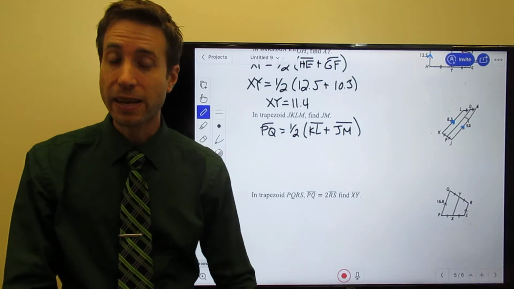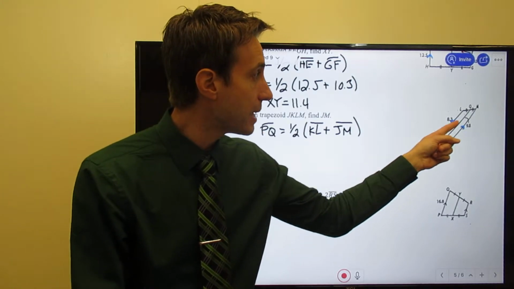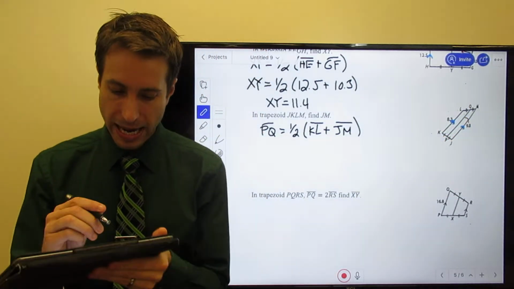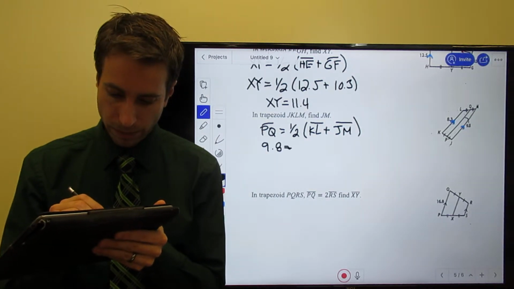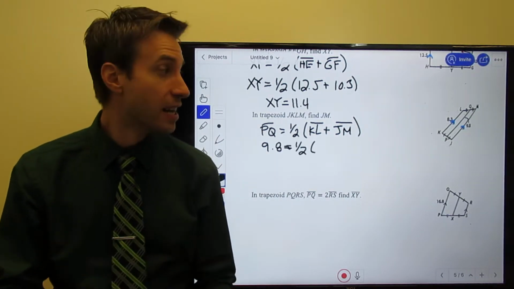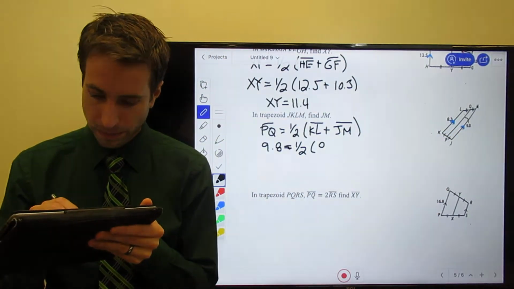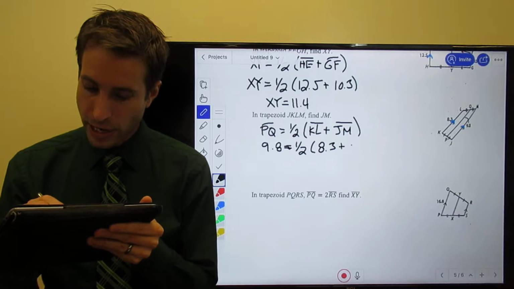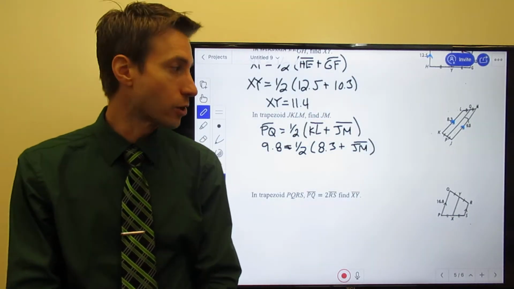Start plugging stuff in. We're going to solve for our only unknown. I know PQ. They tell me that PQ is 9.8. That's equal to 1/2. They tell me that KL is 8.3. JM is the only one I don't know. So we're going to solve for it.